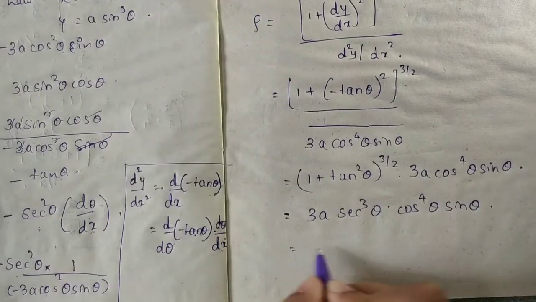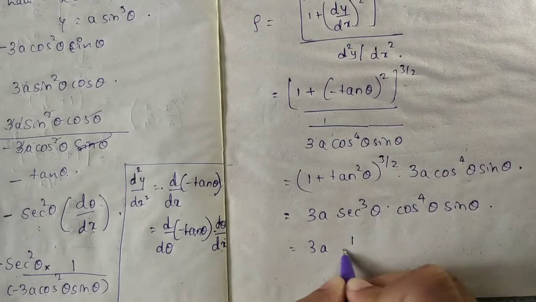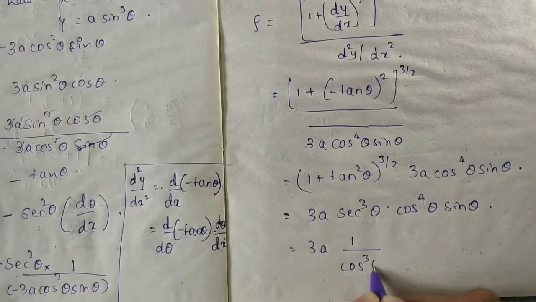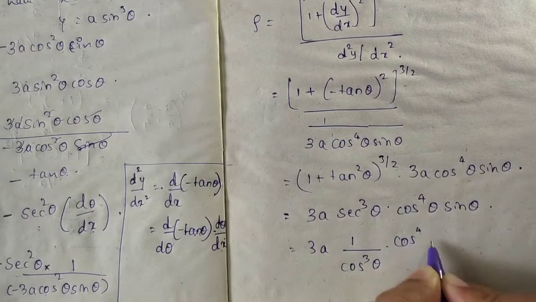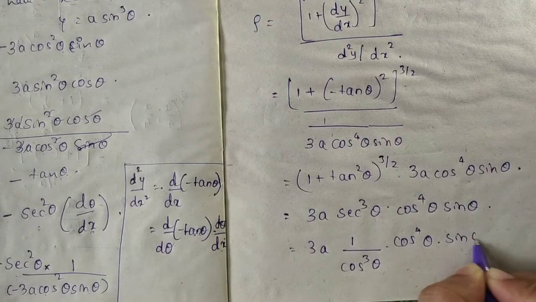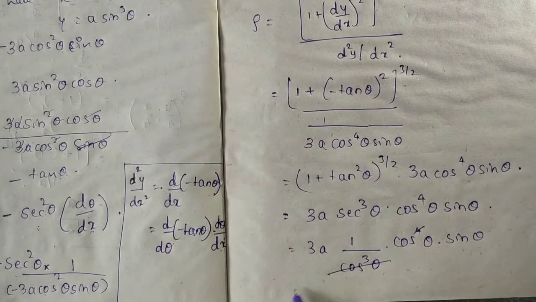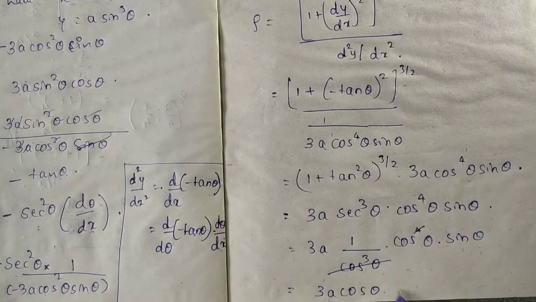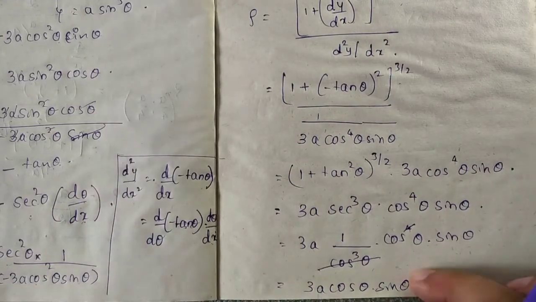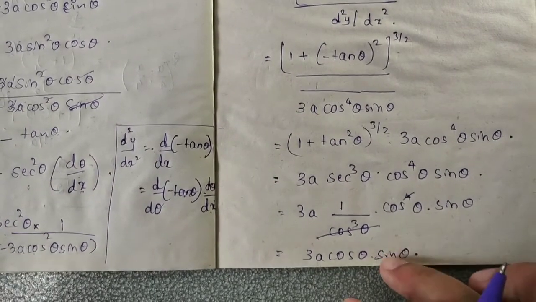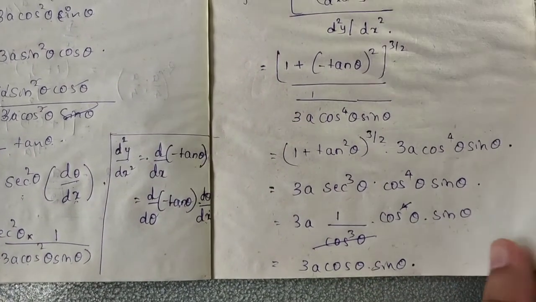So, it can be written as 3a 1 by cos cube theta into cos raised to 4 theta into sin theta. So, we can cancel this. We are left with 3a cos theta into sin theta, which is the radius of curvature of the given curve.